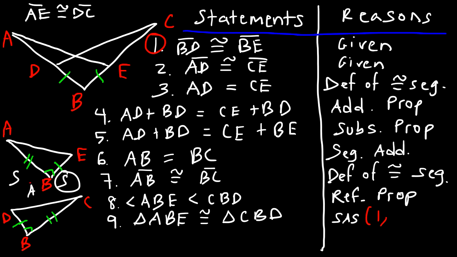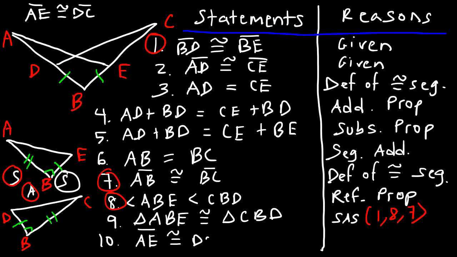And then we have the angle, which is based on statement 8. And then the other side, that's based on statement 7. So 1, 8, 7. And for step 10, we could say that segment AE is congruent to segment DC because corresponding parts of congruent triangles are congruent, CPCTC. And that's it.